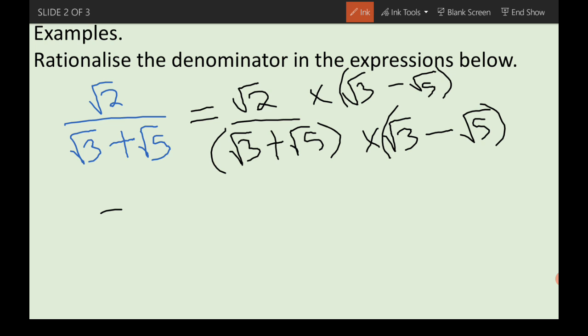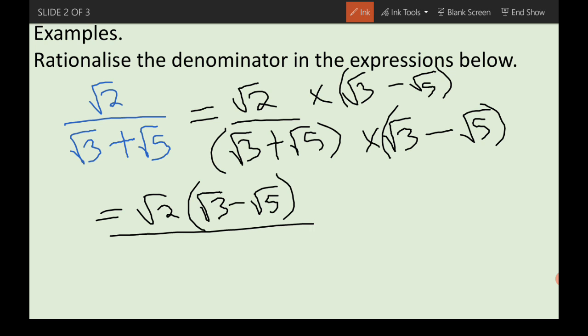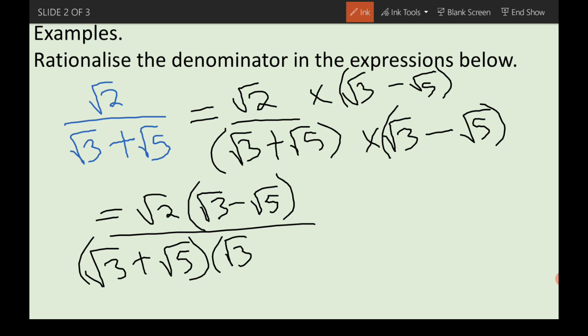So this is the same as root of 2 into brackets root of 3 minus root of 5, divided by root of 3 plus root of 5 into brackets root of 3 minus root of 5.